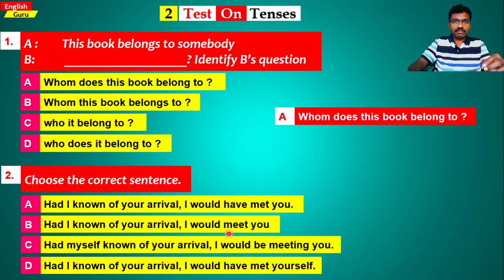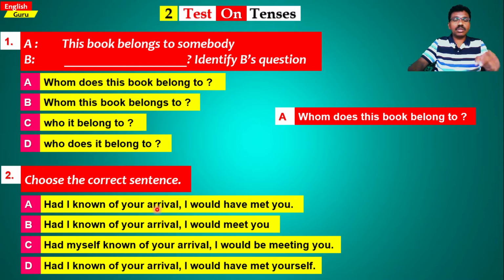All four sentence options are from past tense, and these four sentences are if conditional clauses. There are three categories of if conditional clauses, and these particular sentences belong to the third category. What is the third category?